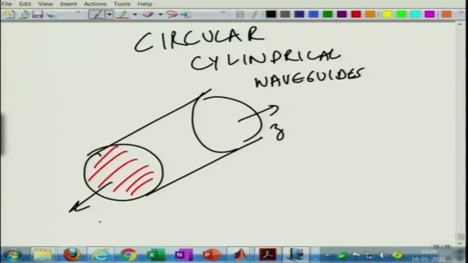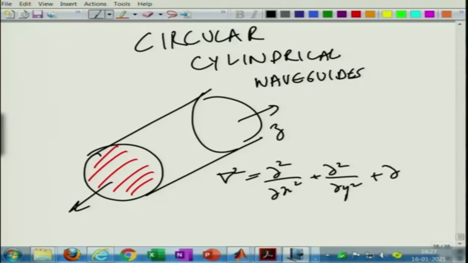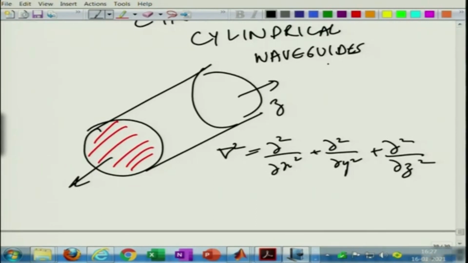Now, the thing is, we need to first introduce some transformation. Remember, our Laplacian in the regular Cartesian system was given by this thing. Now, in order to get to the case of circular cylindrical waveguides, we have this kind of a thing. We introduce this transformation.